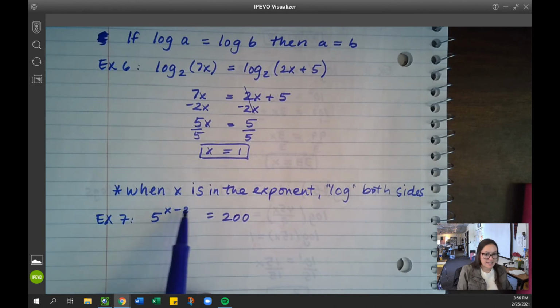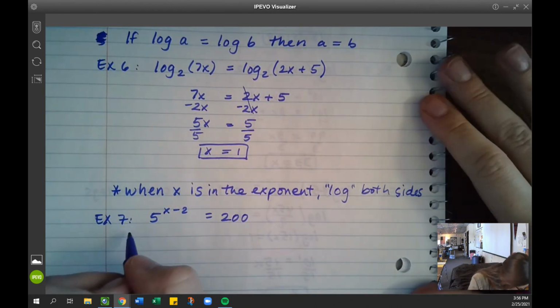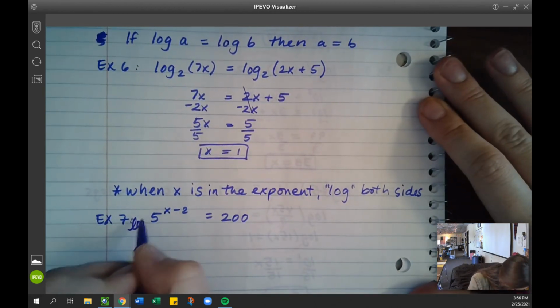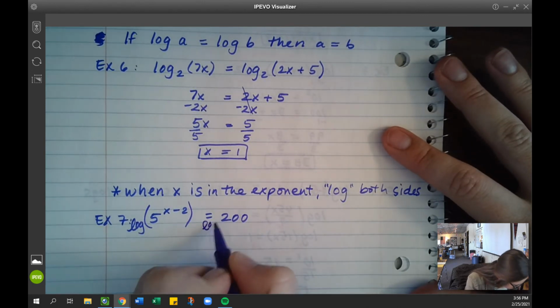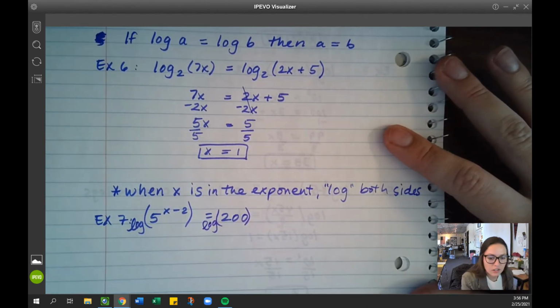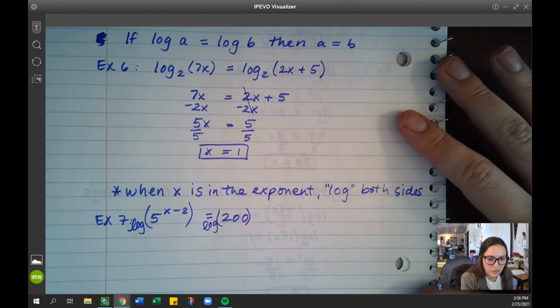So my x is in the exponent. And what I'm going to do is take the log of both sides. Log of that and log of that. Okay?